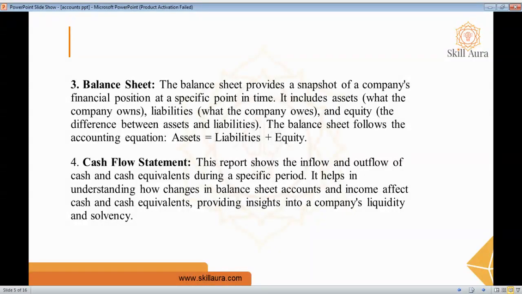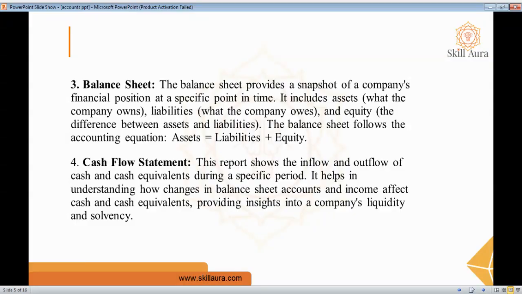The balance sheet shows the company financial performance at a specific point in time, which includes the asset, liability, and equity.